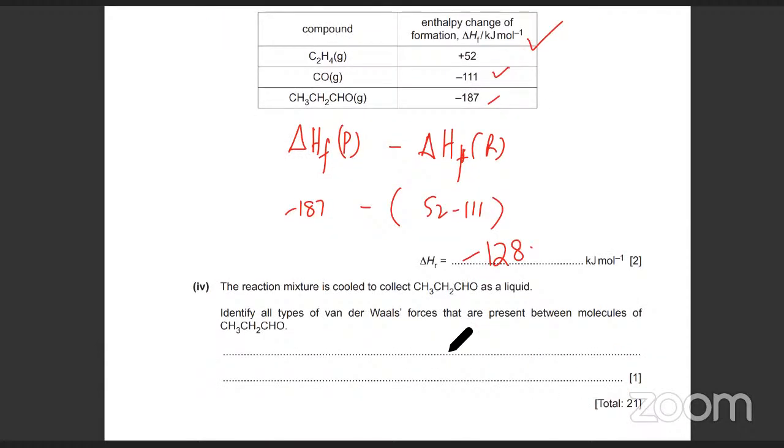Okay, and next one, the reaction mixture is cooled to collect aldehyde as a liquid. Identify all types of van der Waals forces that are present between molecules of propanol. So kaun si? OH, so hydrogen bond. He doesn't have an OH. It's CHO, okay. CHO jo hota hai na, usme the O and H are not together. So what intermolecular forces do you have?